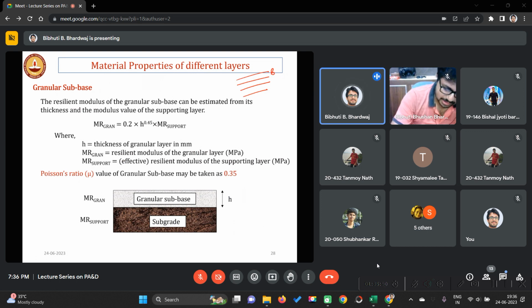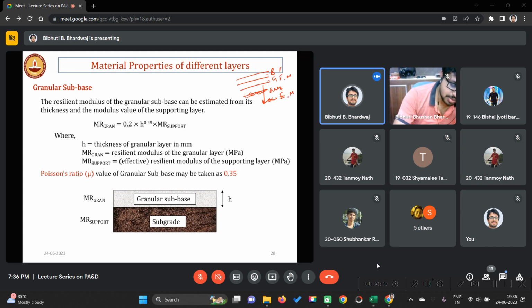This is your bituminous layer, two layers are there, these two layers are granular layers and this was your subgrade, infinite. Okay, so if you got the subgrade CBR, you need the elastic modulus, right? E and mu of all the layers.